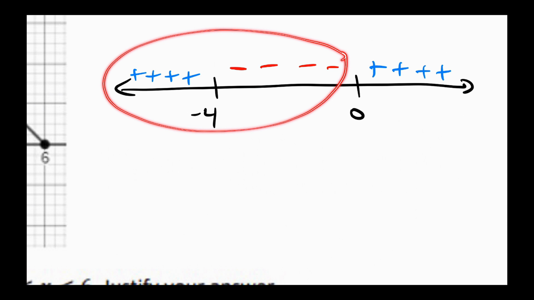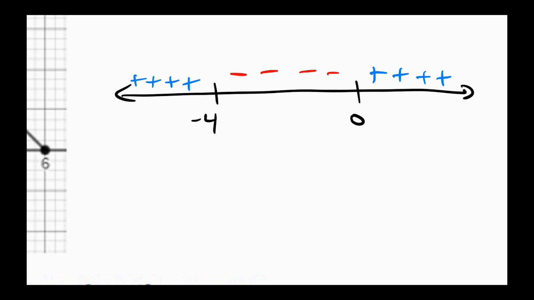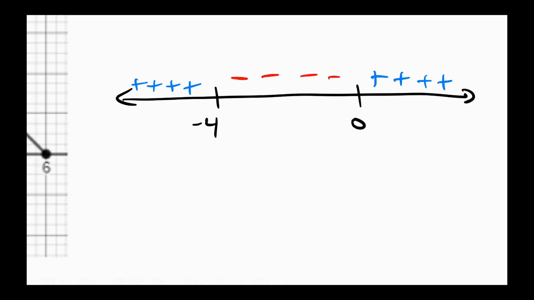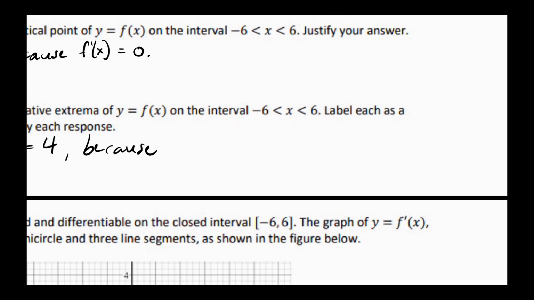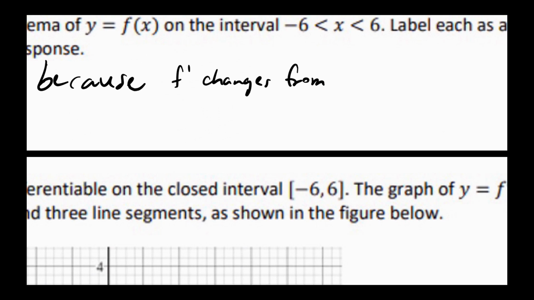What's special here that tells us it's a maximum? Exactly. How can we write that in symbols? Because f prime changes from, what does it change from?